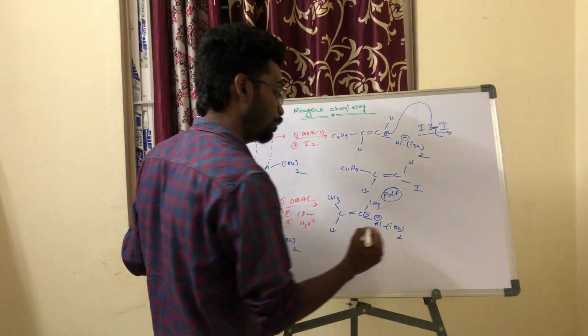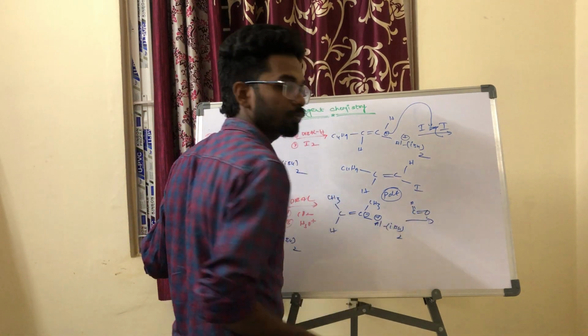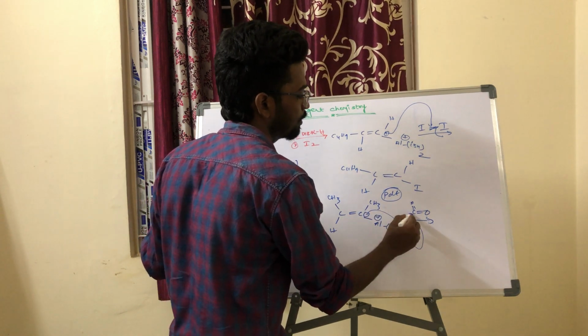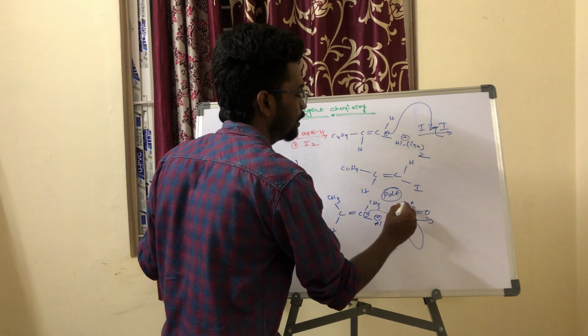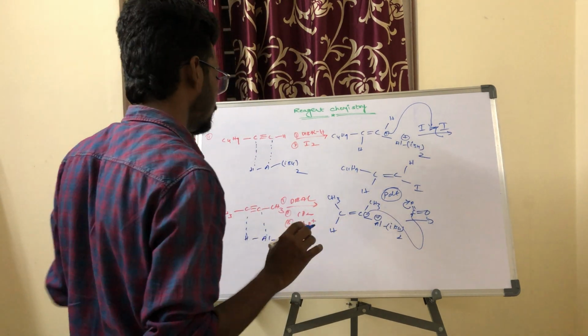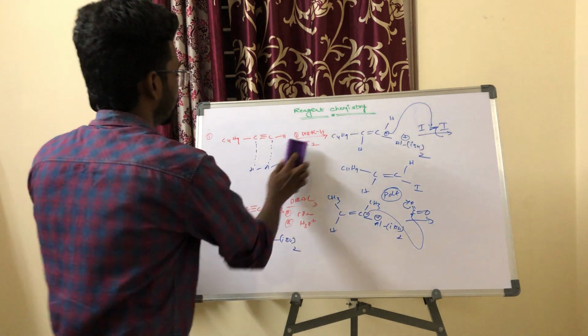Again it is going to react with carbon dioxide. This negative charge is going to attack the electrophilic center, and this bond migrates towards the oxygen. So you will get the product CH3, C, CH, CH3, and here C double bond O, O minus, right? Again, in the work-up, where hydrogens are required, it will take hydrogens from this place.